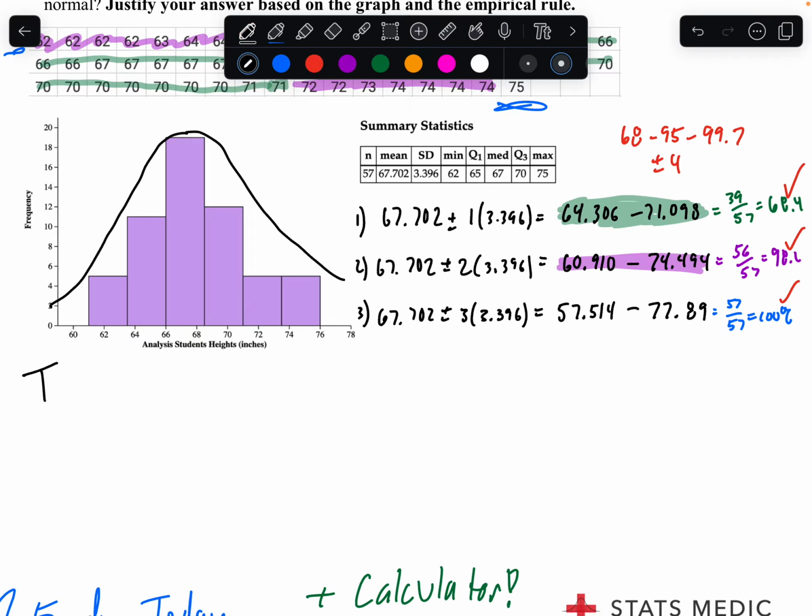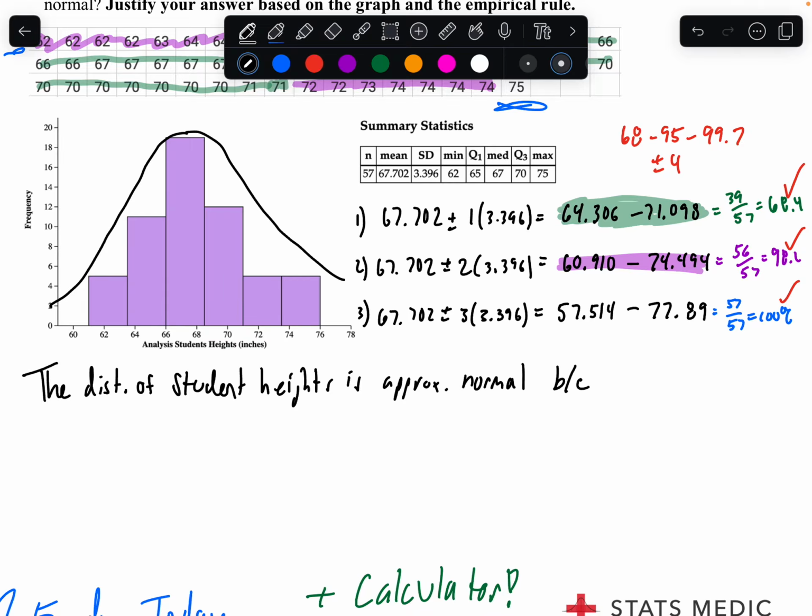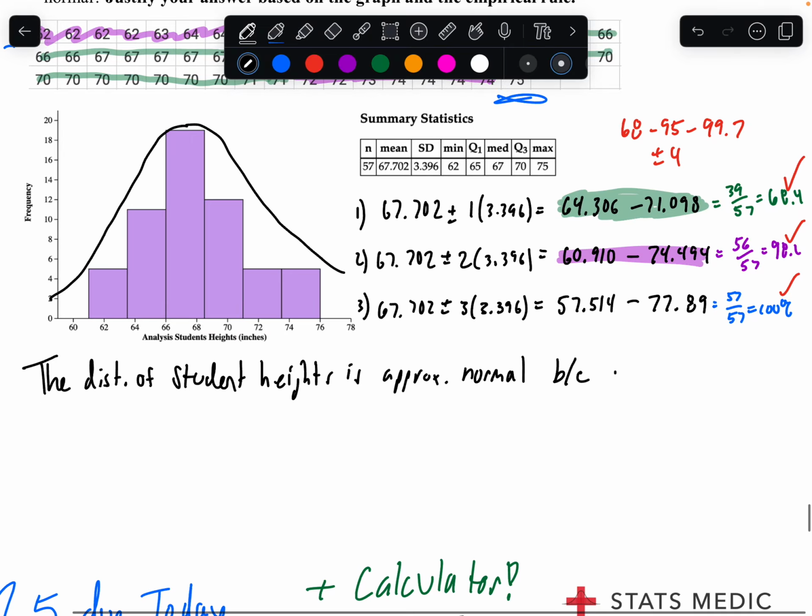So let's say the distribution, and then you want to have context of, I'll say student heights, is, and we always say approximately normal. We don't say it's normal because it doesn't exactly fit. And you want to say because. You want to mention the 3 visual criteria. It is single peaked.